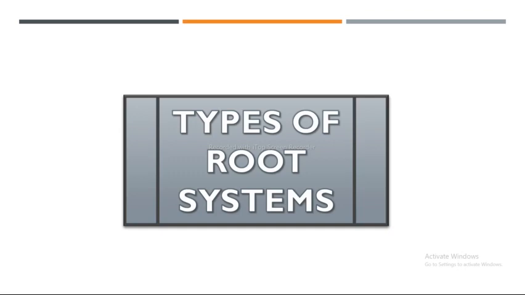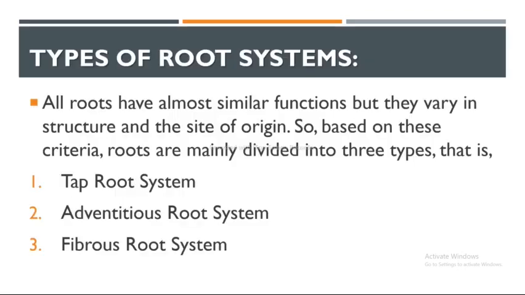Next I will discuss the types of the root system. All the roots have almost similar functions, but they vary in stature and the site of origin. So based on these criteria, the roots are mainly divided into three types. That is, first is the taproot system, second is the adventitious root system, and third is the fibrous root system.